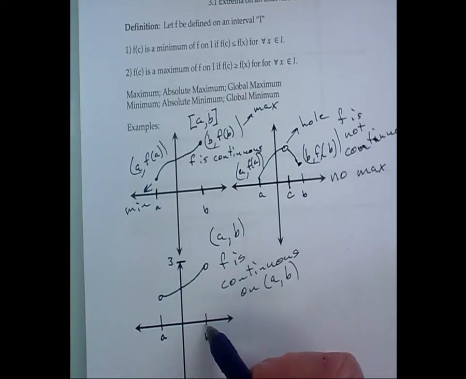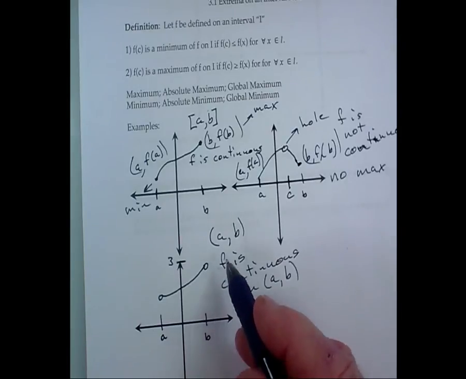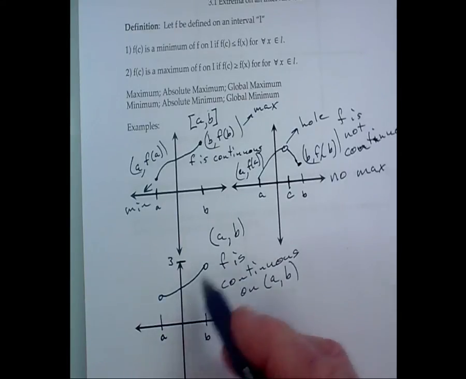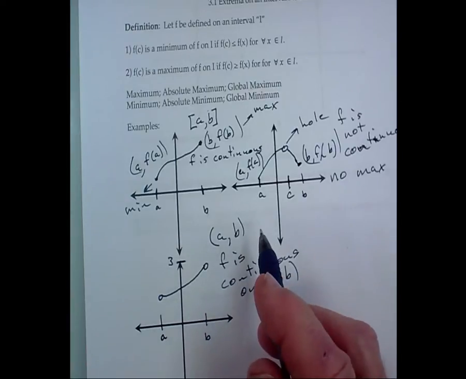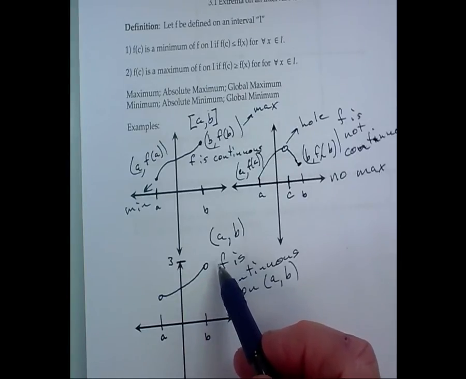But I could get really close to B and get really close to 3, right? Like 2.9. Could I get closer than 2.9? Can I keep getting a number bigger than what I had before, but not be 3? So is there a max? No, because whatever you say the max is, you can pick a number that's bigger.